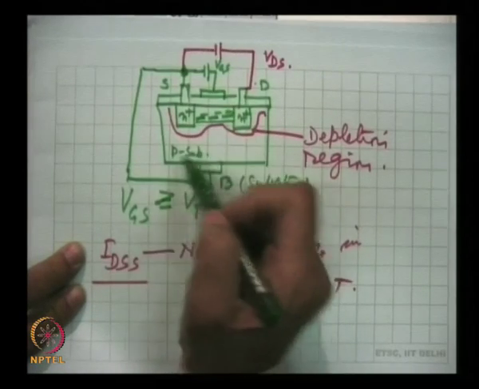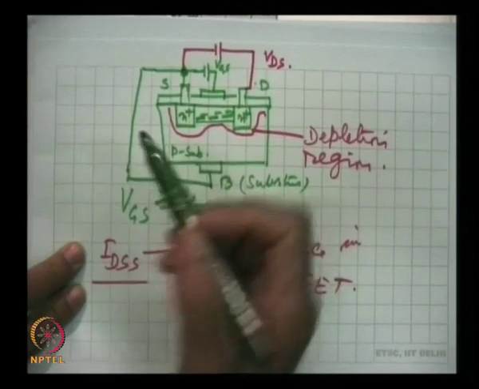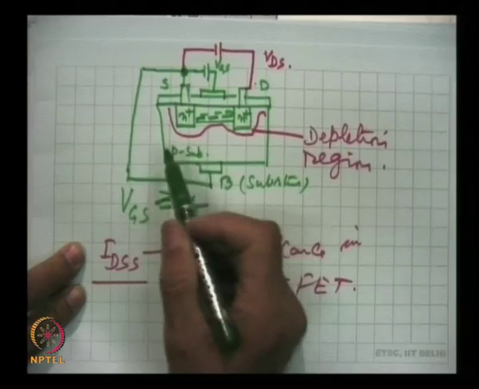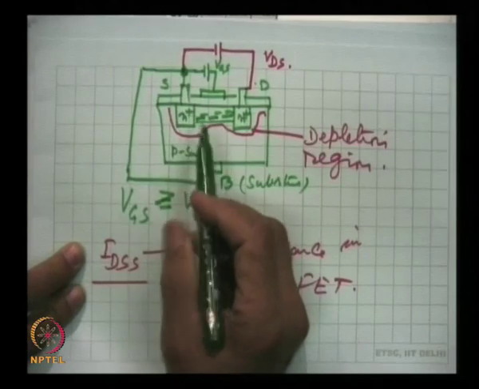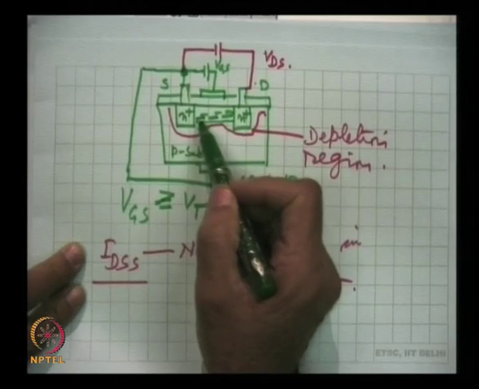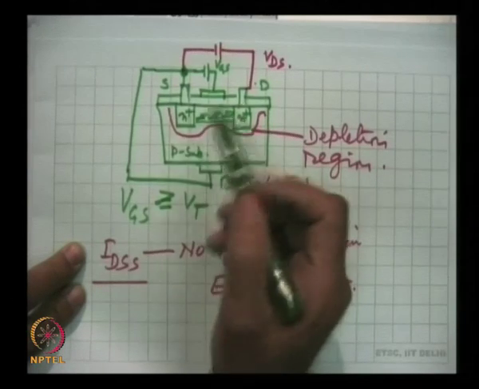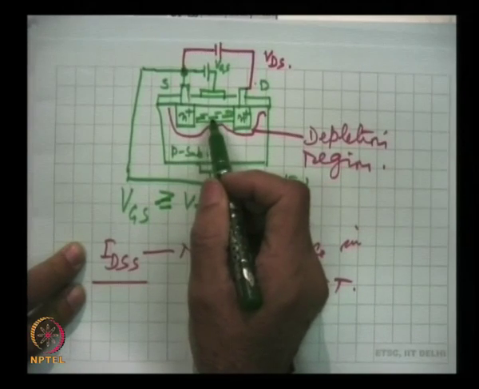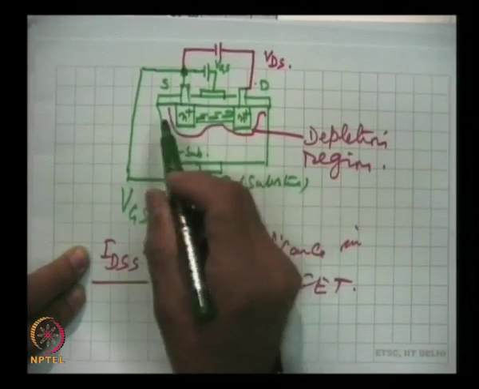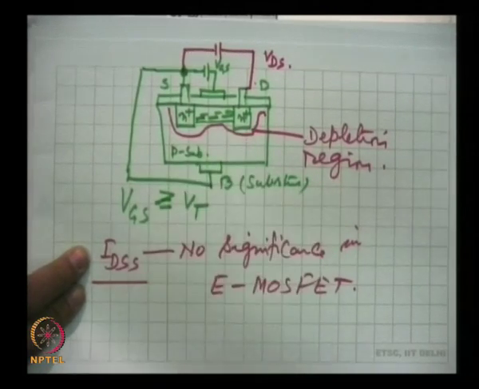So, construction is the same, except there we will have to start with n type substrate, and we will have to create p regions, and when channel is formed, that will be formed because of the inversion layer, and the inversion layer will contain the holes, and the transport will occur because of holes.